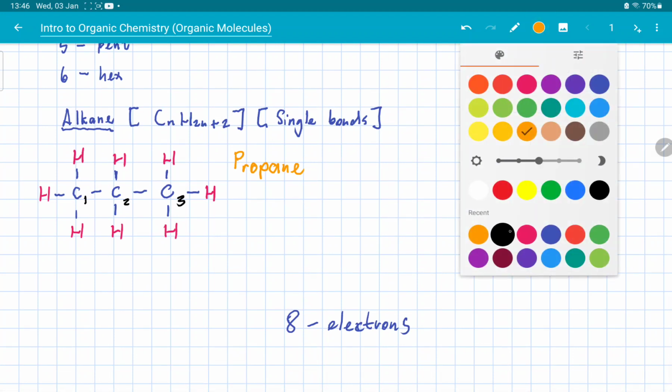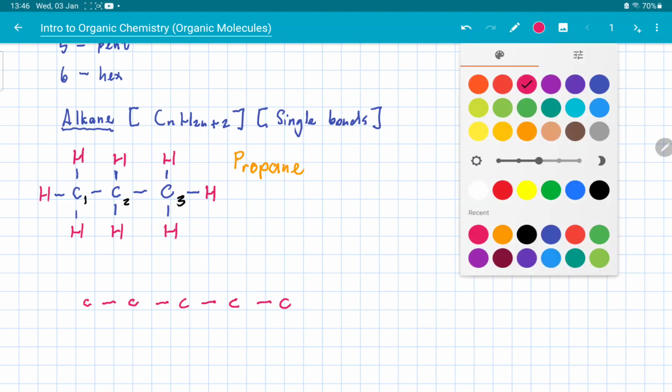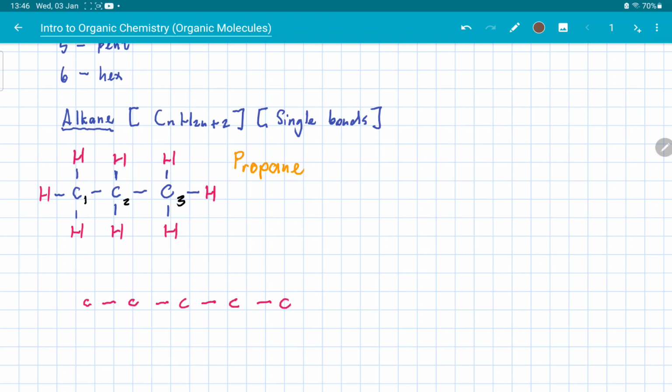Let me just use a pink marker. So here's another one. Remembering that an alkane is a what? It has single bonds between the carbon atoms. So I cannot put extra bonds here.